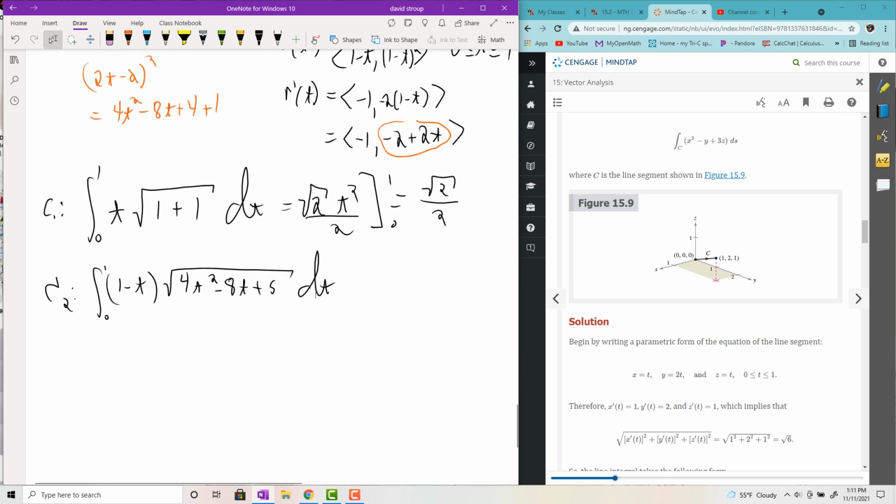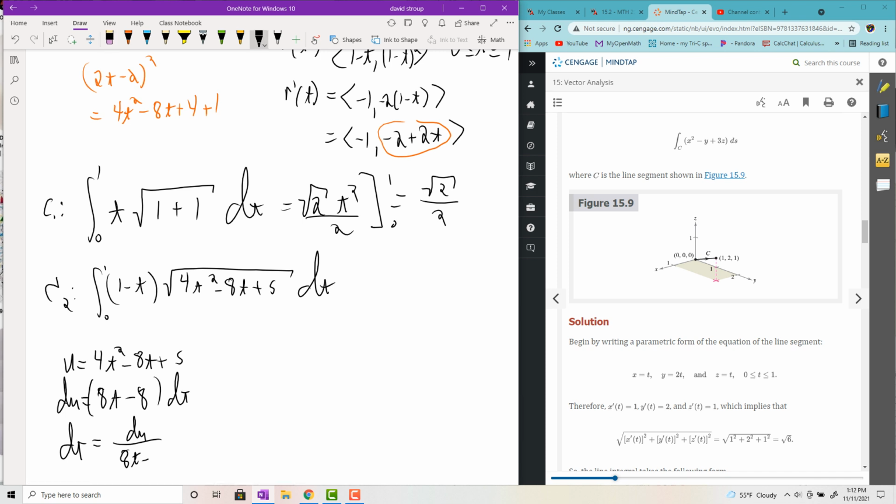I have a feeling u sub is going to work on this guy, I hope. 4t squared minus 8t plus 5. So du will be 8t minus 8 dt. So dt will equal du all over 8t minus, whoops, what the heck is it? 8t minus 8.